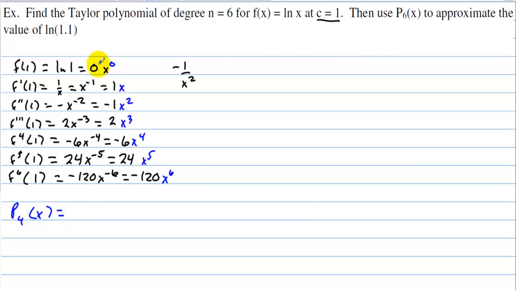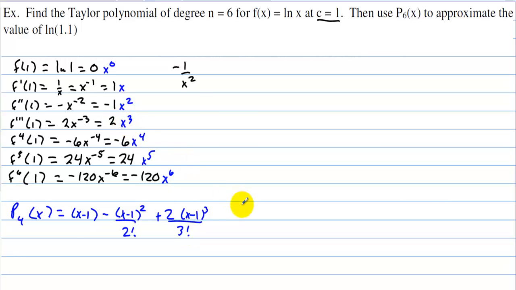So the polynomial is going to be 0 plus 1x, and this is going to be x minus 1. It'd be over 1 factorial, but we don't need to write 1 factorial. Then we have minus x minus 1 squared over 2 factorial. And then we have plus 2 times x minus 1 to the third over 3 factorial.